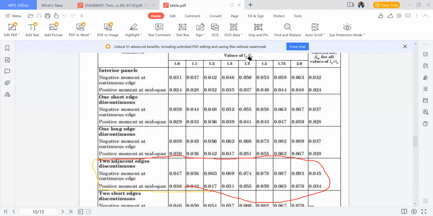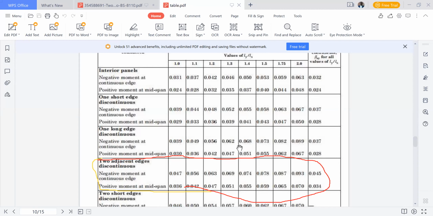Now, to start with, we'll come here and say, for the case of the negative moment at continuous edge, if 1.3 is 0.069 and 1.4 is 0.074, what about 1.34?